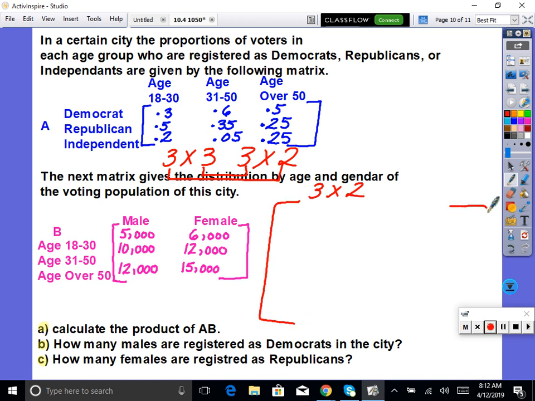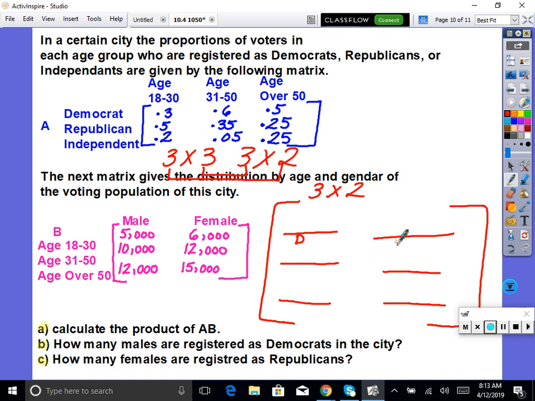So I'm not going to show the work on this one, everyone. I just want you to have a calculator ready to go. So I'm going to draw in my little thing. So 1, 2, 3, and then we're having 2 columns. Okay, so let's go figure out what we're going to be out here. Right here, isn't this going to be Democrats straight across? Democrats is our first row.